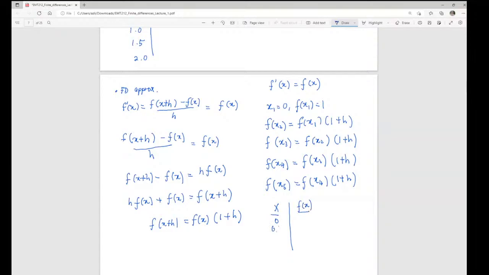We get 1, 1.25, and so on, up to 3.37 and 3.62. Right? So these are the values that we will obtain from our finite difference approximations.